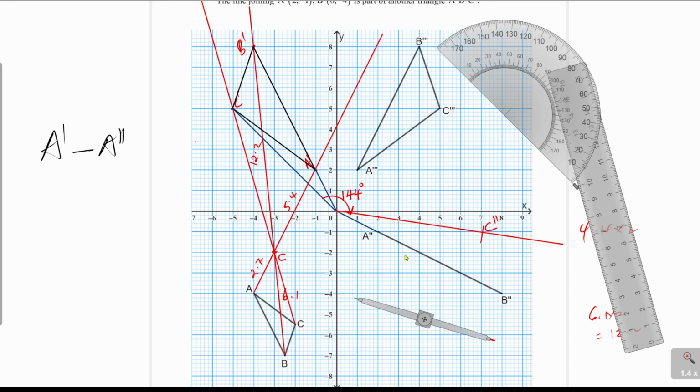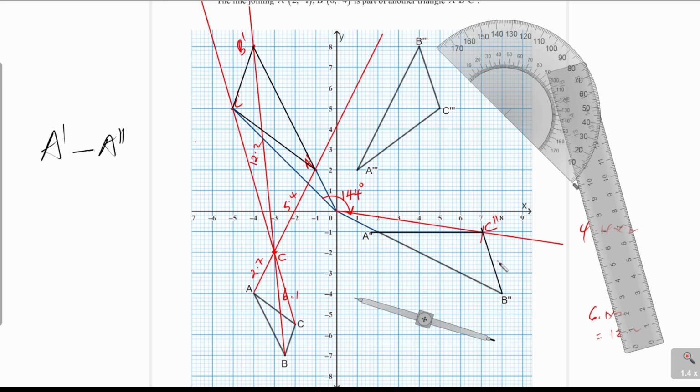Now we can complete this particular triangle by joining the vertices. So we have B prime to C, and then from this point C to A, and there we have the triangle.